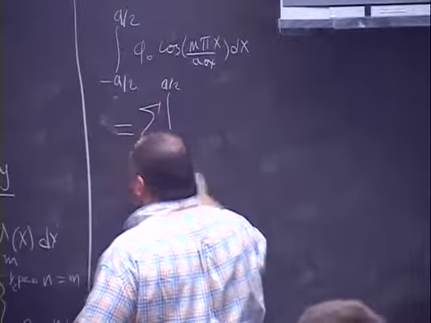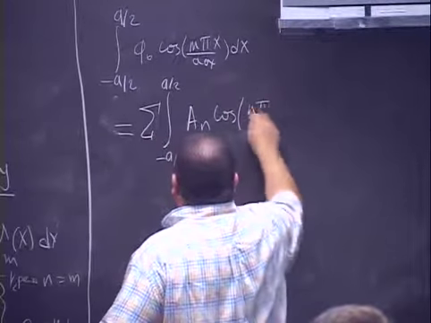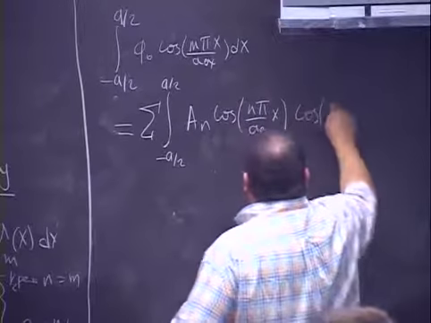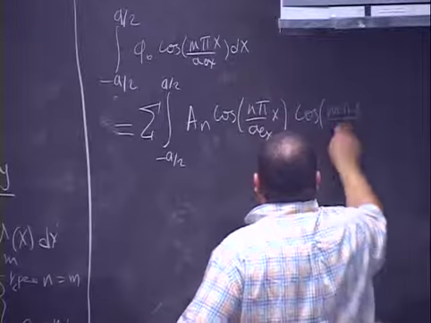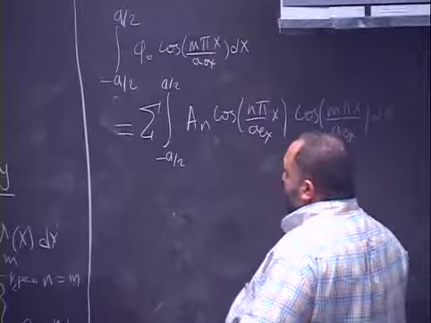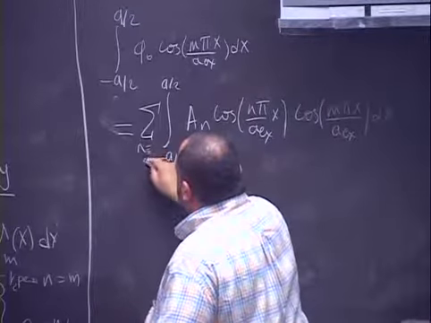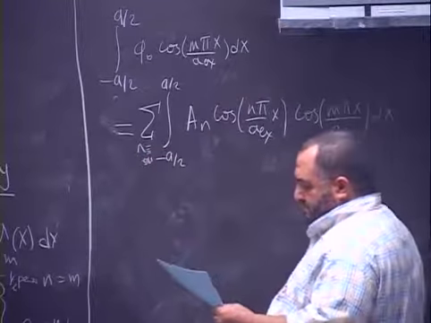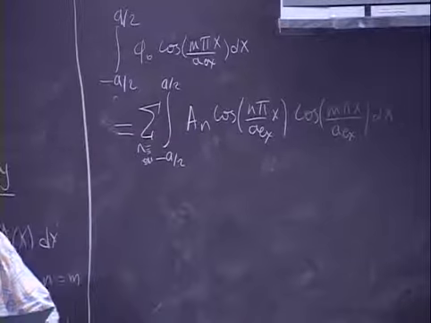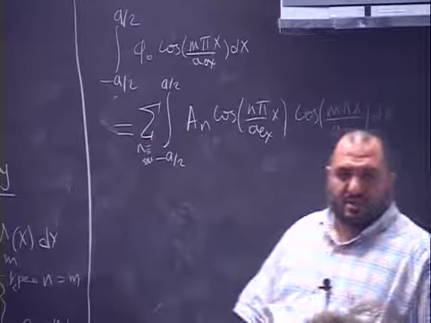Then you will have a_n cosine n pi x over a times cosine m pi x over a dx. Okay guys, and n is odd. Does m have a similar restriction, or is it just all? Is m also restricted to be odd, or all real numbers? Yes, both of them should be odd. n and m should be odd.